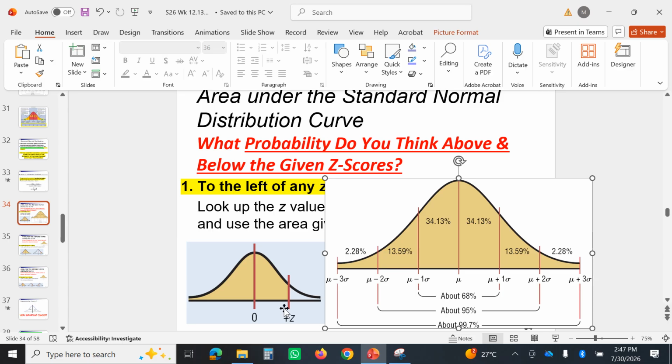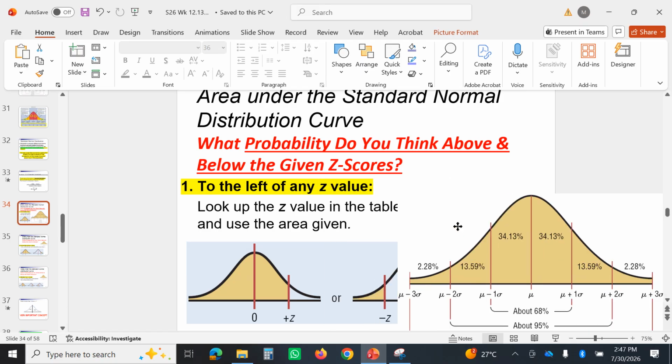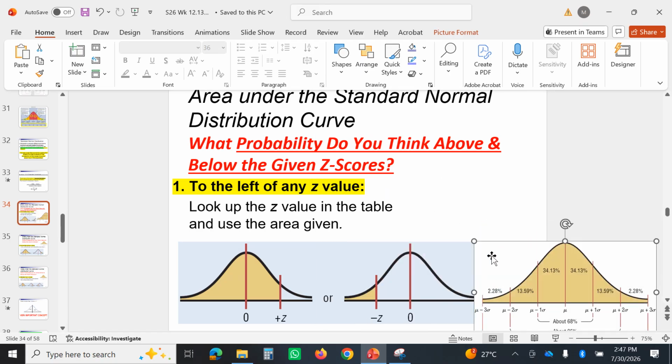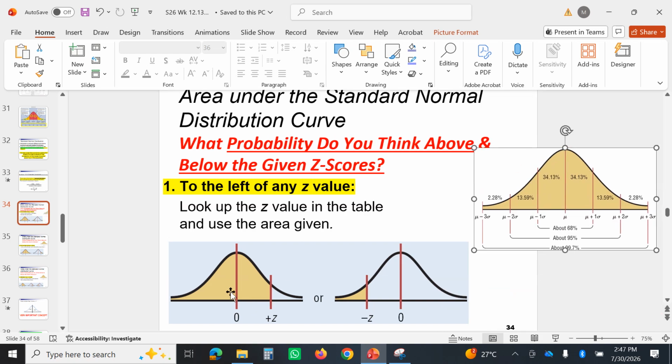I would say this guy isn't at 2, but it's somewhere in between 1 and 2, somewhere in here, right? But we don't know that. And I'm just asking you to guess what percentage of the area under the curve is being represented.